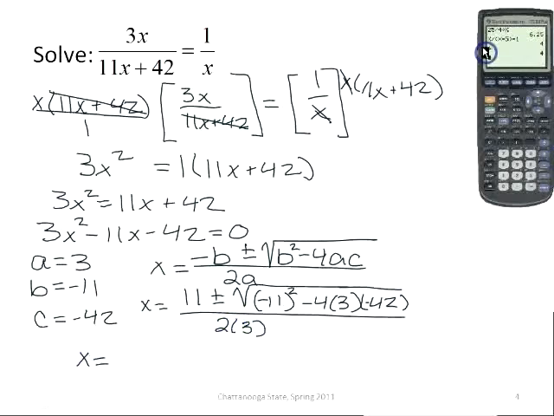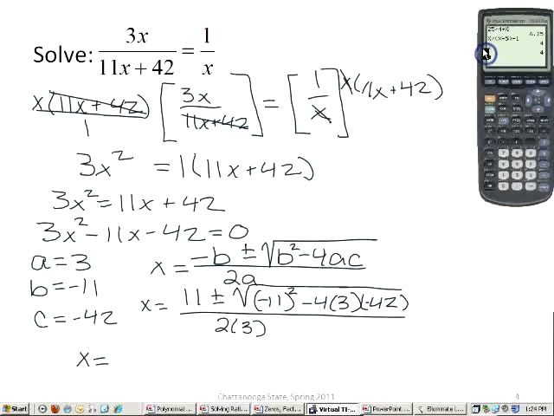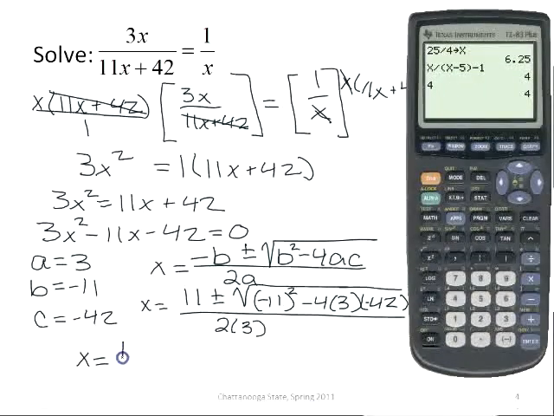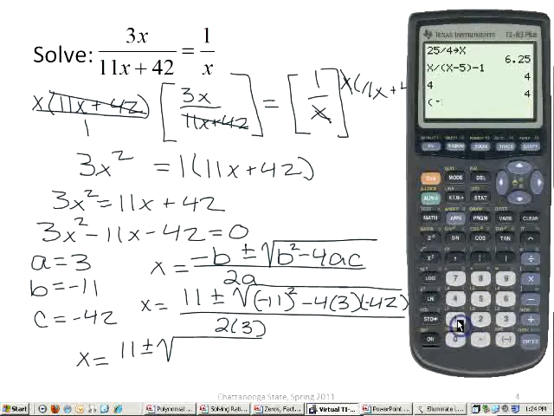So let's see what that works out to. This will give me an 11 plus or minus the square root of, let's see, negative 11 squared minus 4 times 3 times negative 42.